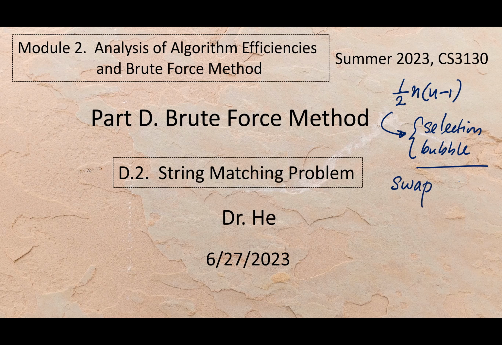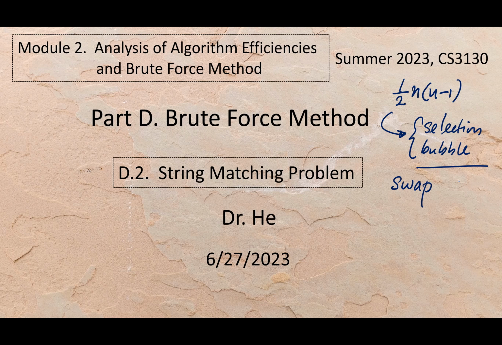How many swap operations? In selection sort, you do swap operations much less than in bubble sort. We do not do a lot of swap operations. Think about it.